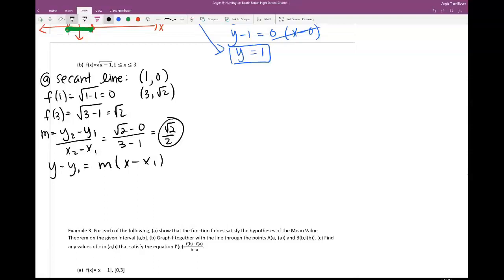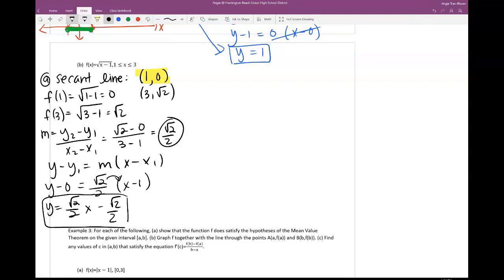I like to pick points that are easy to work with, so I'm going to pick this one. Okay, so that's my point. I'm going to pick y minus 0 equals slope radical 2 over 2 times x minus 1. So y equals, distribute this, rad 2 over 2 x minus rad 2 over 2. And guess what? That is my secant line.